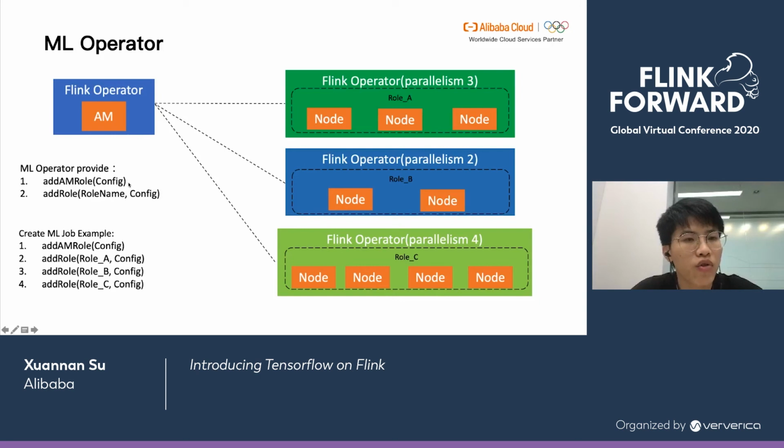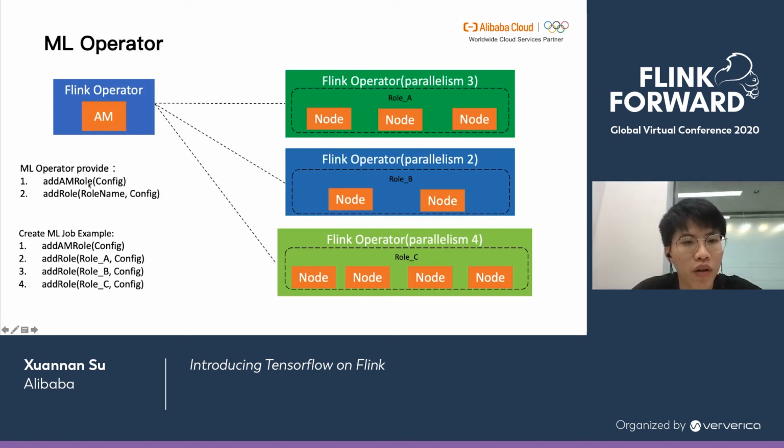The add AM role should be called once for every machine learning application. It will add a Flink operator to a Flink job, and the operator has the application manager running inside. And this is the application manager in the ML framework.